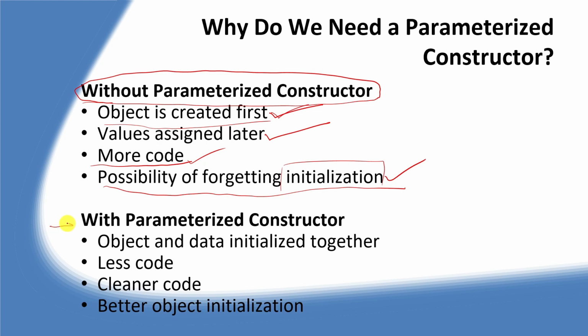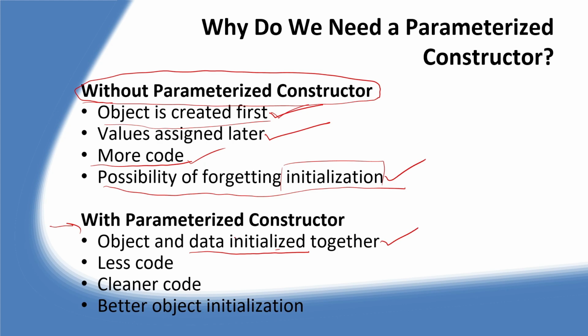If we use a parameterized constructor, then during object creation only, the data will be initialized. What is written: object and data initialized together in the same line. So this is one advantage.